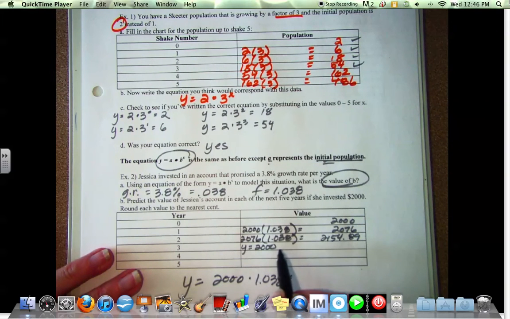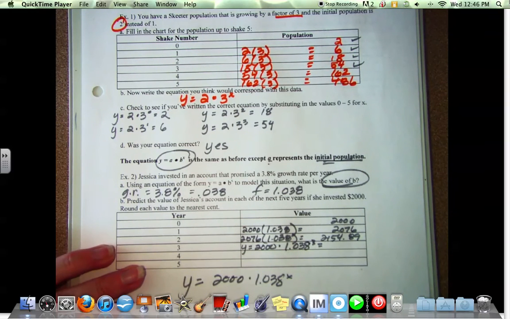So for the 3rd year, y equals 2,000 times 1.038, and what power do I raise it to? 3. Why 3? Because that's the year. So 2,000 times 1.038 to the 3rd gives us how much value?